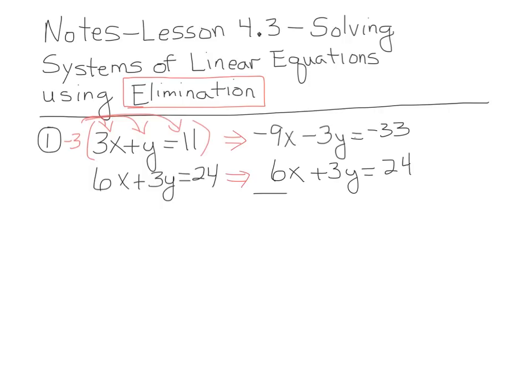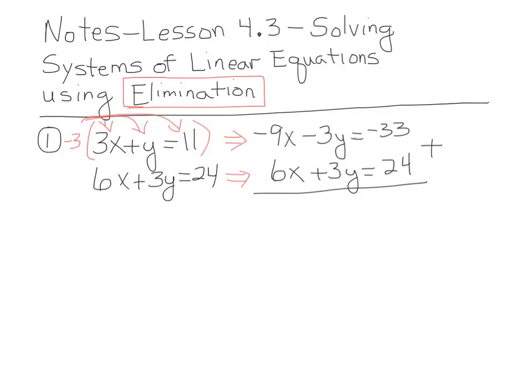And now what I'm going to do is add. So what I did is I multiplied every single term by negative 3 on both sides of the equal sign, and I did that so these would be opposites. Now I could have made the x's opposites, but I chose to make the y's opposites. Now I add. You just add like terms.